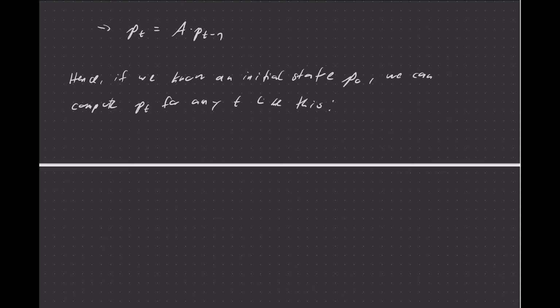So what we do here is, well, we say if we know p_0, then of course we can compute p_1. p_1 is just A times p_0. So that's what will happen next week. Based on that, we can compute what happens in 2 weeks, p_2. p_2 is A times p_1. But p_1 is A times p_0. So basically here, we're using this. And what that means is, well, A times A p_0, that's the same thing as A squared times p_0.